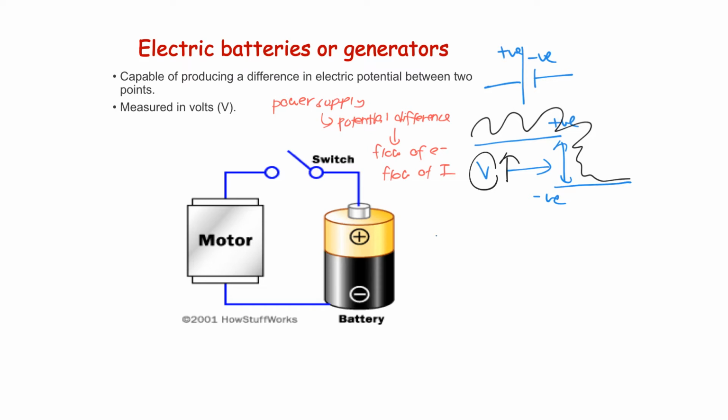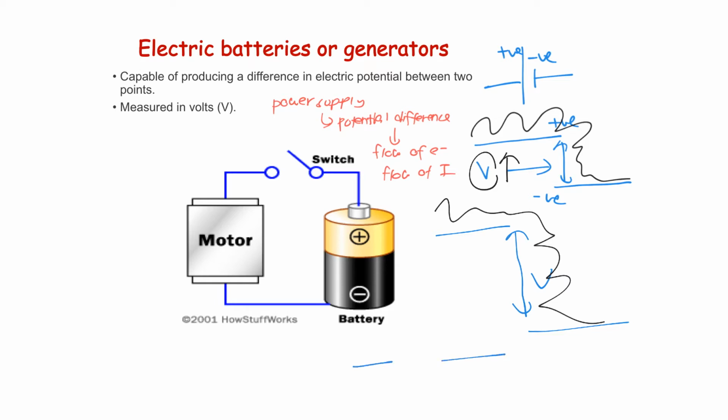What happens to the flow of electron, the flow of water? Definitely it is going to be higher. What if you have two same levels? Is there any flow of water? No, the flow of water is going to be static.